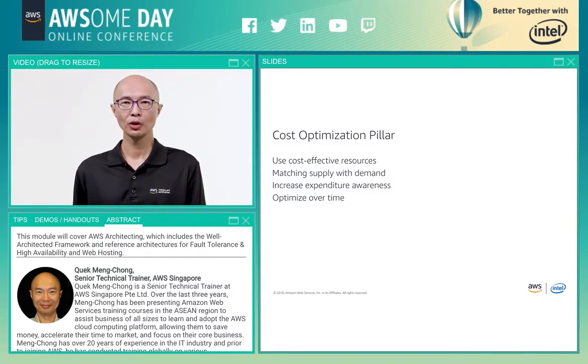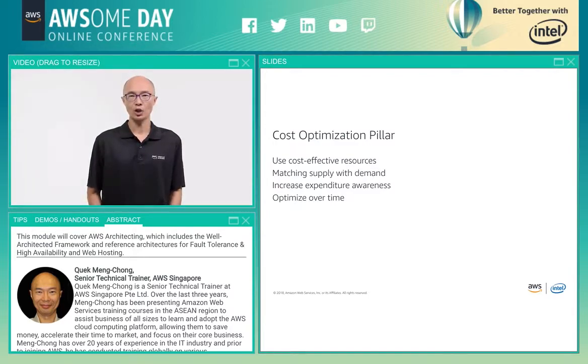Another component to cost optimization is matching your supply with your demand. With AWS Cloud, you can leverage the elasticity of the cloud architecture to meet demands as they change. You can auto-scale and be notified by other services to adjust your supply due to demand changes.